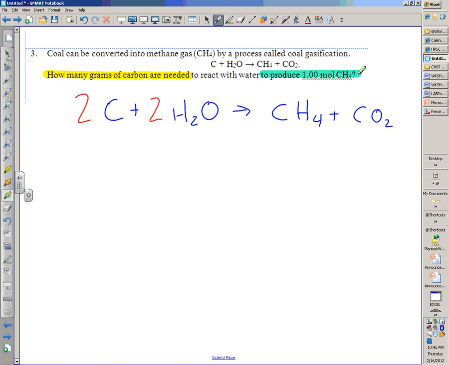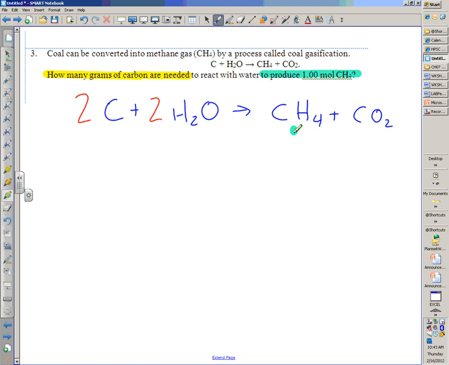So in this problem here, just going back to something we talked about before, they're giving us information about one of the products, right? We know that out of this reaction, we need to produce 1 mole of methane for whatever reason it might be. So now we're going to work backwards and say, okay, if we know we have to end up with 1 mole of methane, what do I have to start with to get there? Does that make sense?